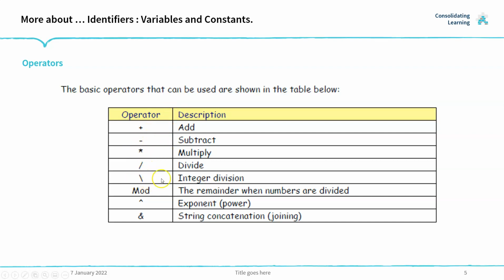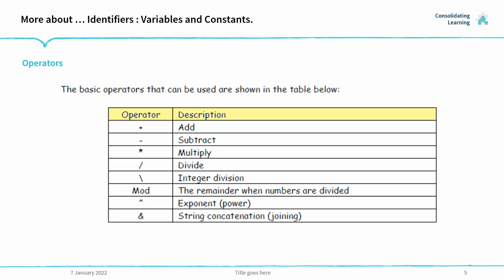The reverse of the division is called an integer division, which means if I do 6 divided by 2, it will give me the result 3. If I do 7 divided by 2 as an integer division, it will still give me 3. Why is that?